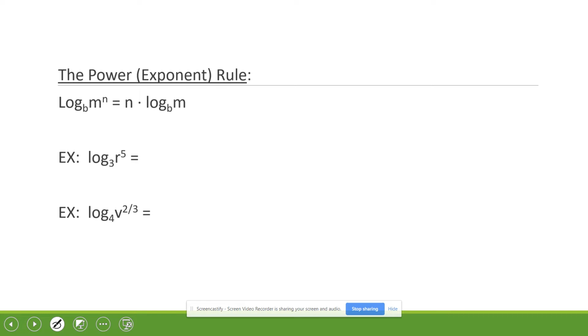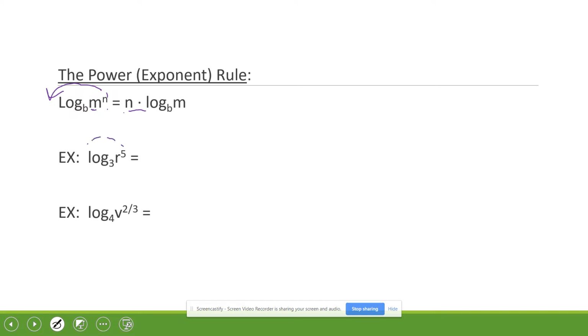Our exponent rule says that when I have a number to an exponent, that exponent shoots to the front and is multiplied. Again, kind of going back to our exponent rules, when we had two exponents next to each other, we multiplied them. And so we're doing something similar to that, but we're multiplying it to the log.